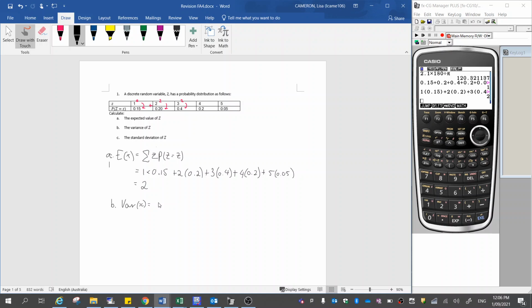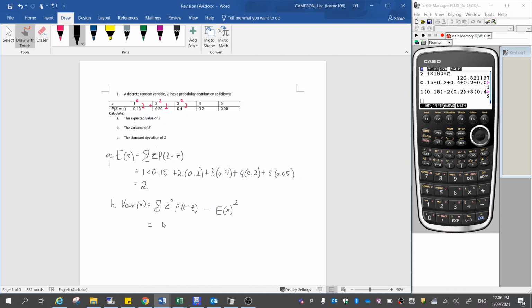So remembering our process, we can say that it's going to be the sum of Z squared times P(Z), subtract, in the end, our expected value squared, or our mean squared.